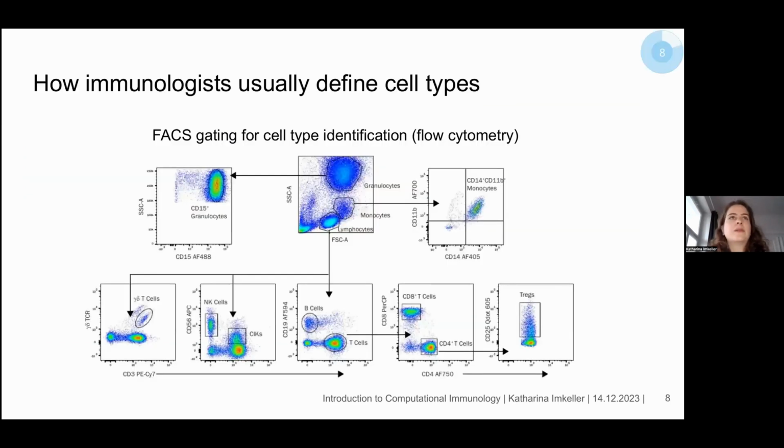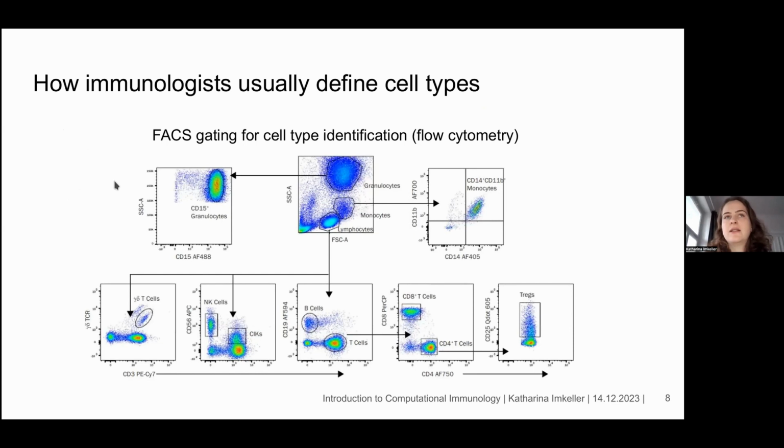What immunologists typically do in order to define cell types are flow cytometry-based experiments. In these experiments, you take cells from a tissue or from the blood, and you label the cells with fluorescent antibodies that can recognize surface markers on the cells. And then you analyze the data.